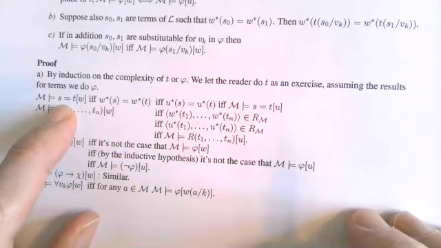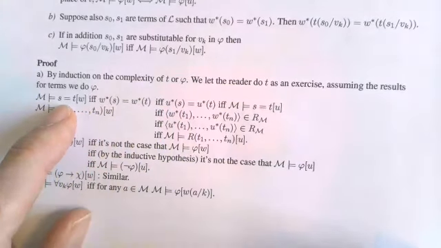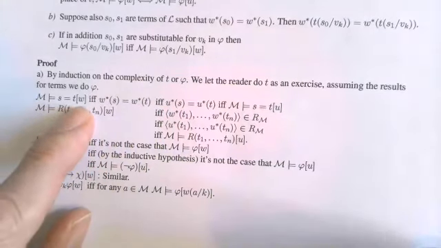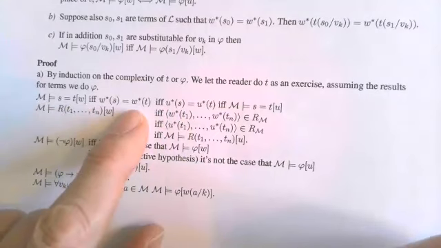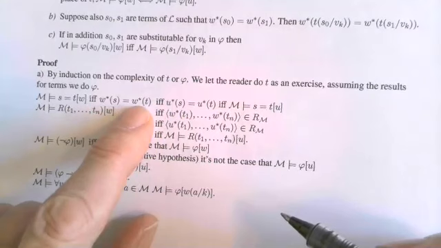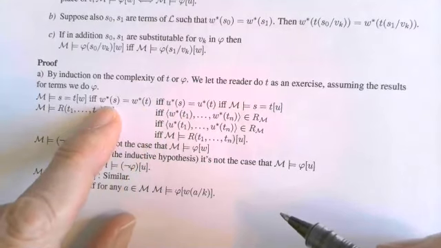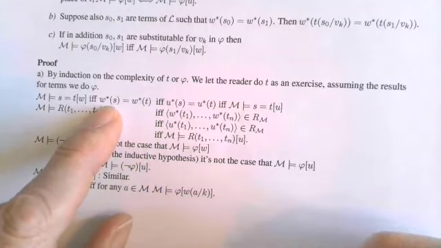But here you can see an example of something that I just said. We had an equation here, and W makes this equation come out true. This means the interpretation of this term and this term had better be the same.